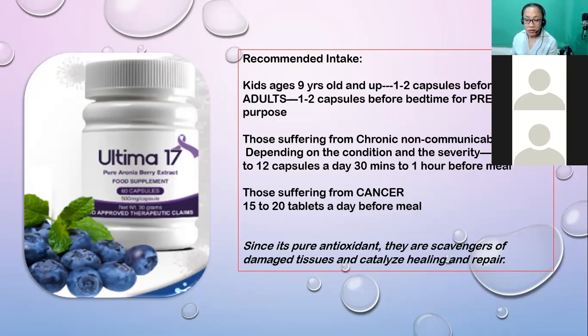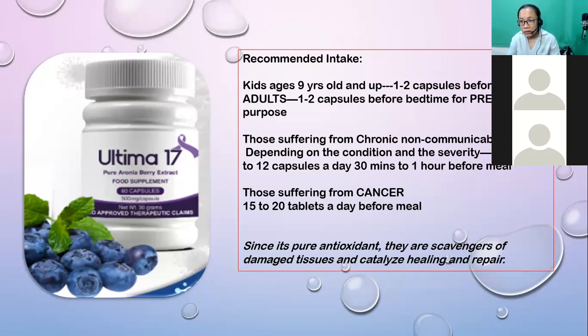So children that are exposed to eating processed foods or to using gadgets for more than 4 hours a day are already causing a negative vibration on their cells, causing a lot of free radical damage. So kids ages 9 years old and above are recommended to have 1 to 2 capsules before bedtime.